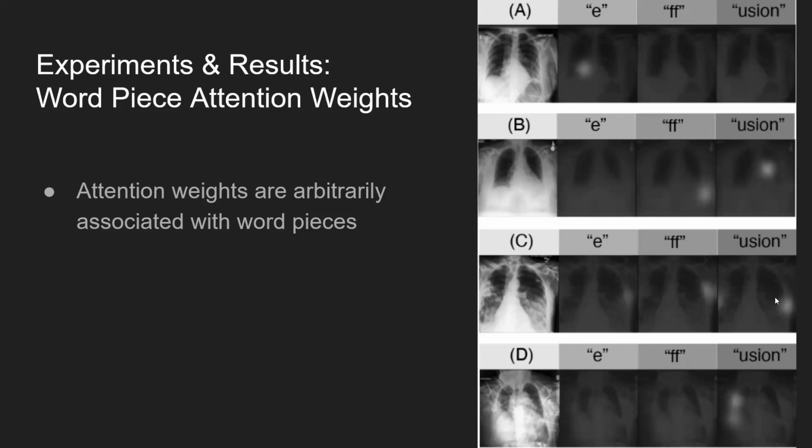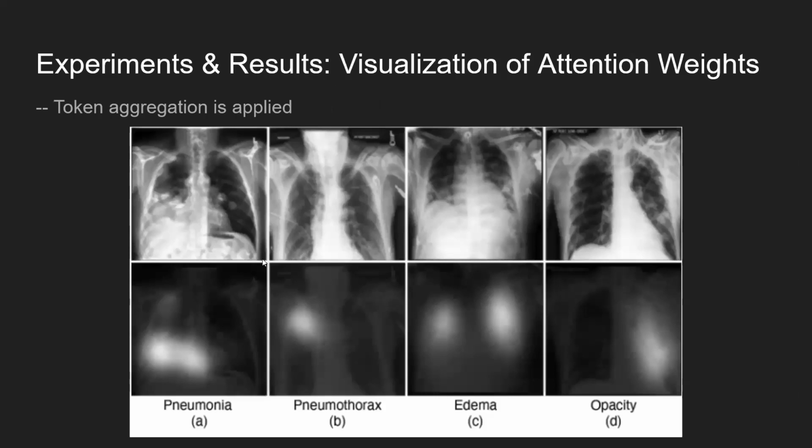And this trend somewhat continues. But then token aggregation is applied, and we can see that this more or less focuses the attention across the entire set of word pieces. So the model is paying attention to this piece here for the word pneumonia, and paying attention here for pneumothorax, paying attention here and here for edema, and here for opacity.